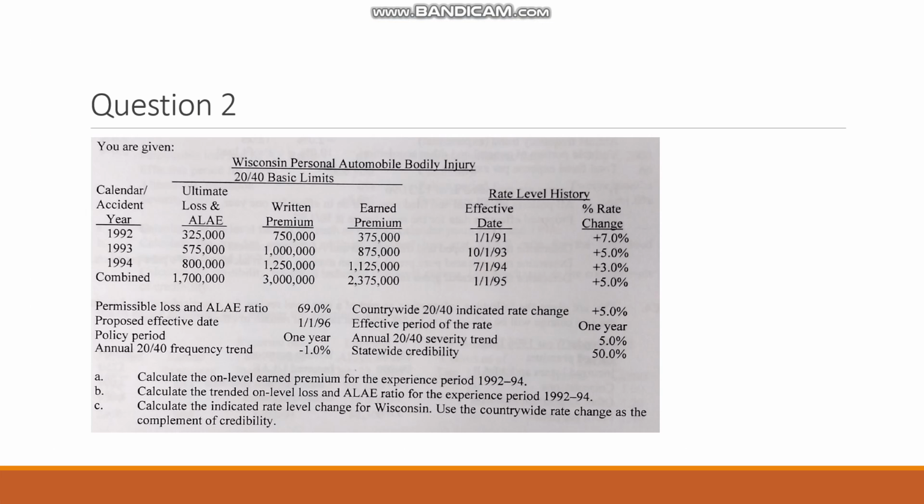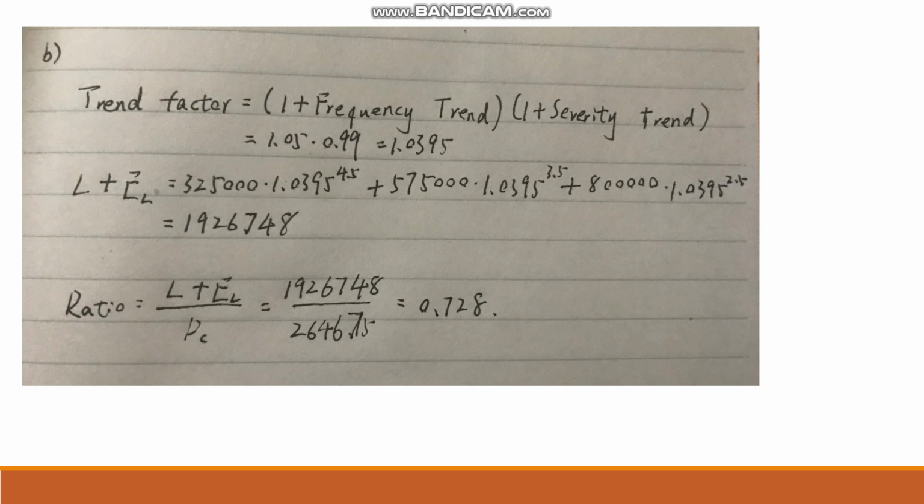Yeah, and for problem B, we need to calculate the trend on level loss and the ALAE ratio for the experience period from 1992 to 1994. So to calculate that ratio, we need to calculate the loss and the current premium.